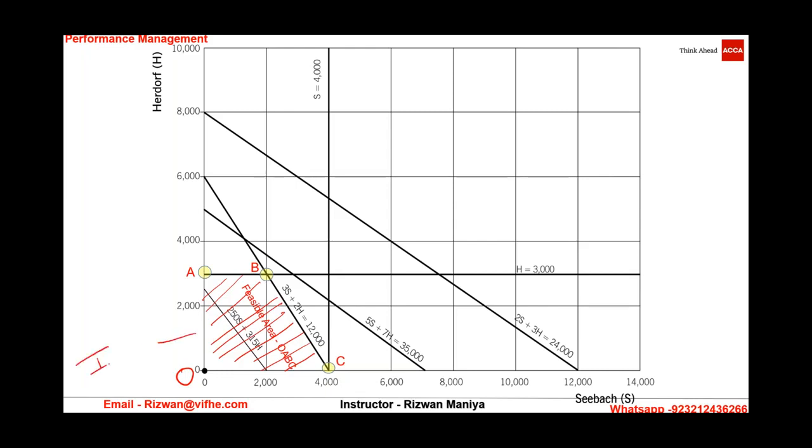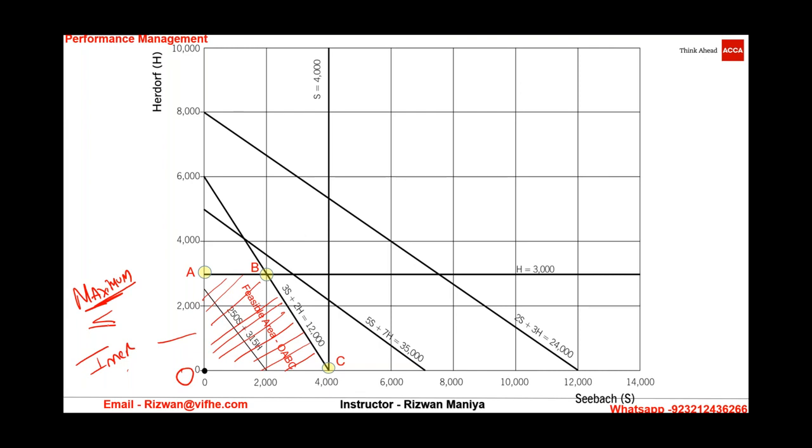How I found out that the inequalities are less than or equals to is because the word maximum was written everywhere. So maximum means you cannot go beyond that, so the inequalities will be less than or equals to.